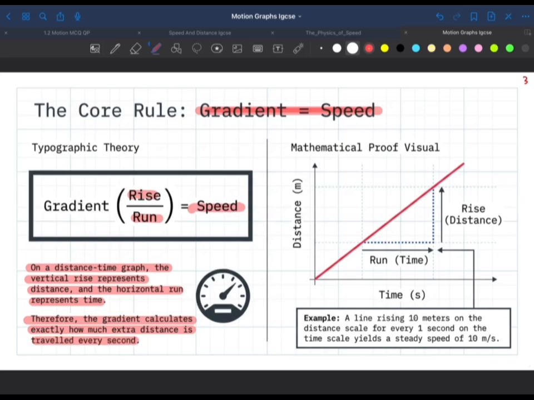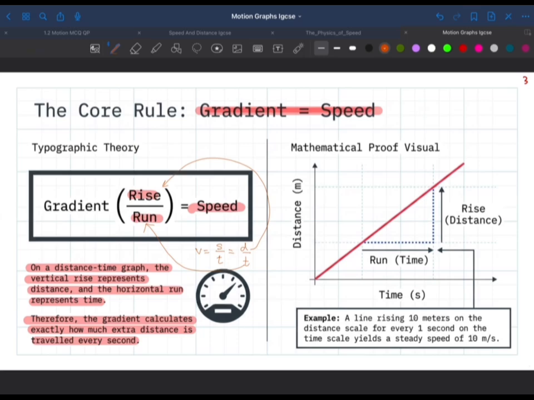And you know that when we are talking about the definition of speed, V is equal to what? S over T or D over T. So simply you can say that D is the rise and T is the time, which is the run. So the ratio of these two is giving us the speed.